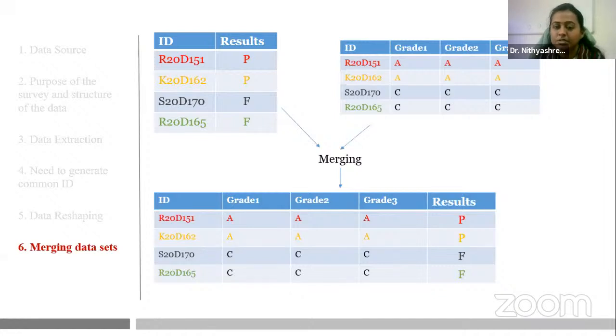Then you need to merge so that you keep all the information in one folder before going for the analysis. So this is, very briefly, with a simple hypothetical example, how we extract the data and how we handle this kind of large data sets.